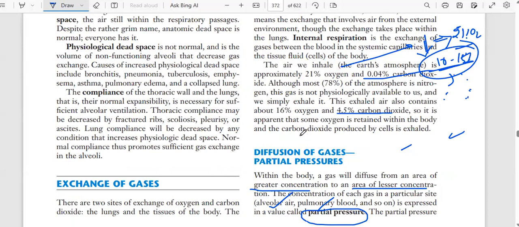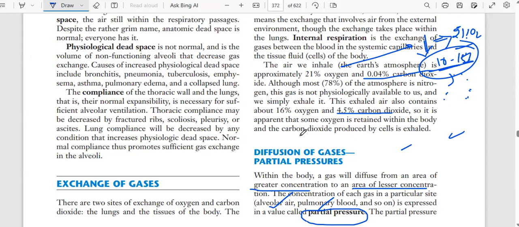Likewise, gases are measured by pressure. Their pressure tells how much oxygen is present. Less pressure means there is less oxygen; high pressure means there is a high amount of oxygen or carbon dioxide.